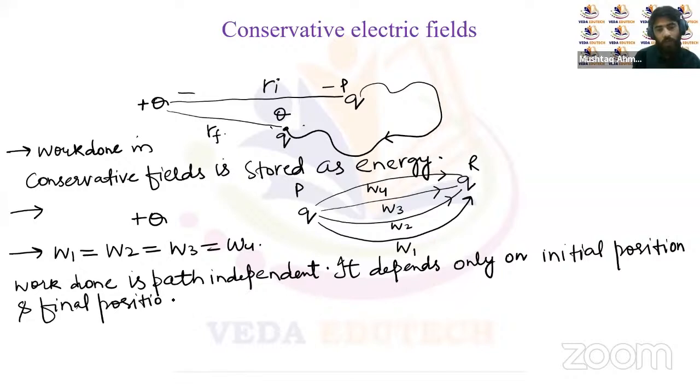Work done only depends upon the initial position and final position. It will not depend upon the path followed in displacing this charge from point P to point R, since the initial point is P for all the paths and the final point is also R for all 4 paths. So the work done W1, W2, W3 and W4 will be equal, right?